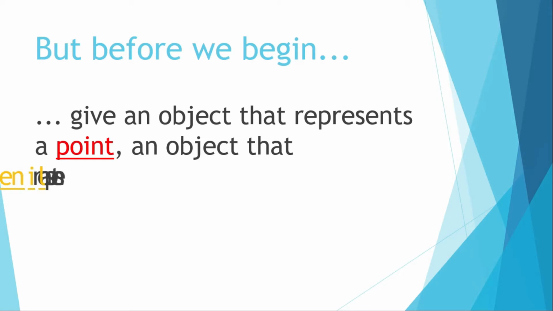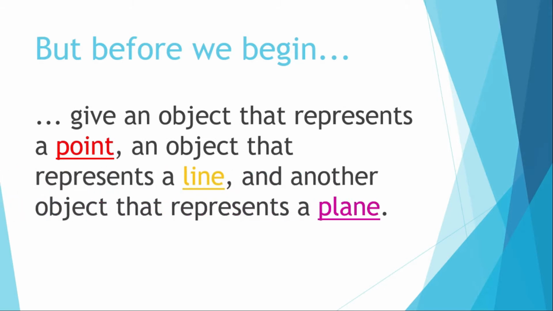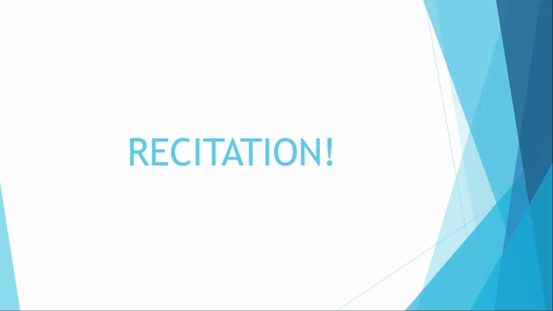But before we begin formally our lesson, give an object that represents a point, an object that represents a line, and another object that represents a plane. So, any volunteer. So, kung walang mag-volunteer, then let's have recitation. Recitation through random picking of names by the wheel of names.